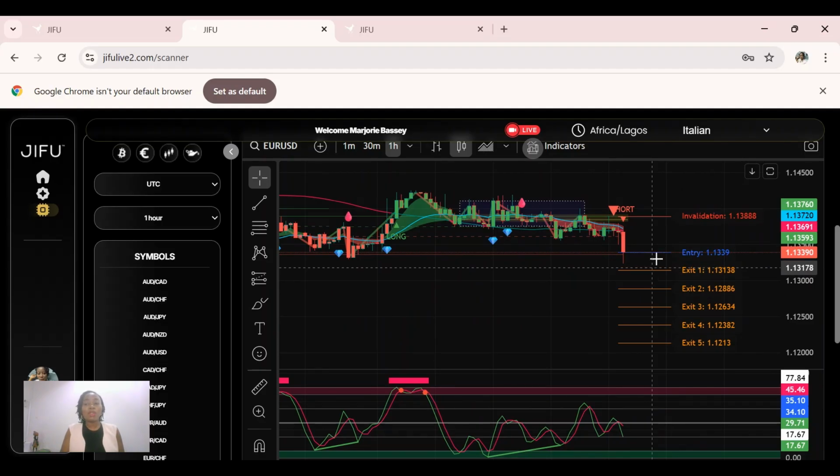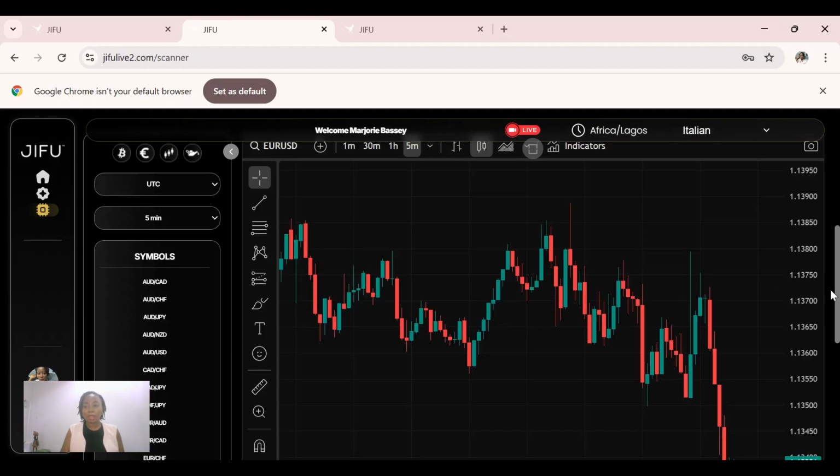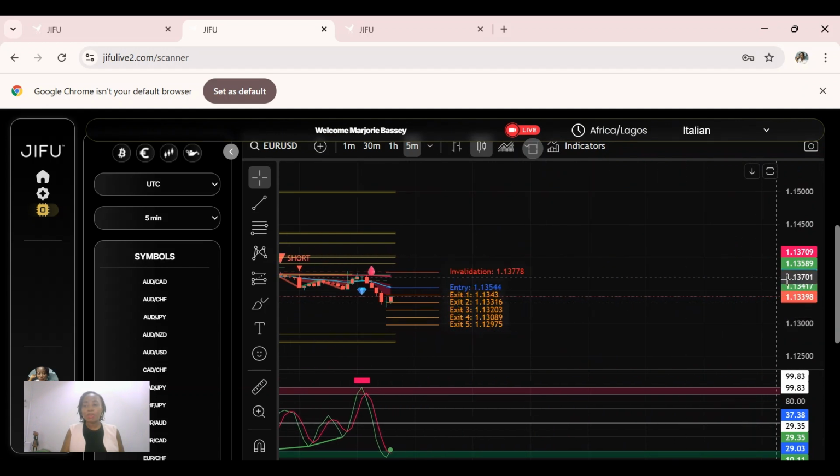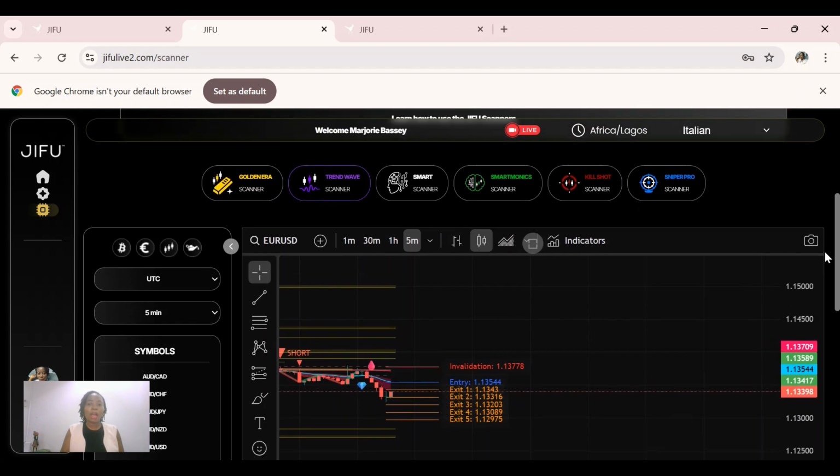In fact, on 1 hour, if you exit at TP1, you've made quite a lot of money. So you can see here, this is your confirmation. This thing is as simple as it is. This is something that any beginner, you're just new to Forex, you've never traded Forex, you want to learn how it works, it is very simple.